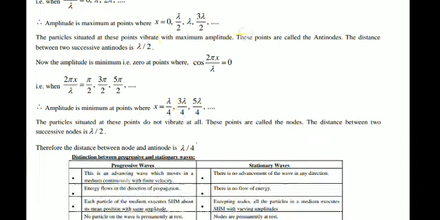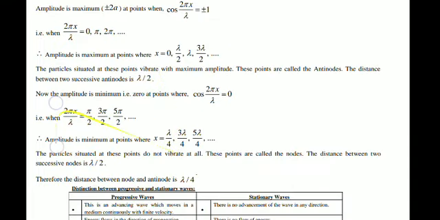So the maximum amplitude, plus minus 2a, will be at points where cos of 2 pi x divided by lambda is plus minus 1. When this cos is plus minus 1, only then will the amplitude be maximum. Now when will cos of the angle be plus minus 1?